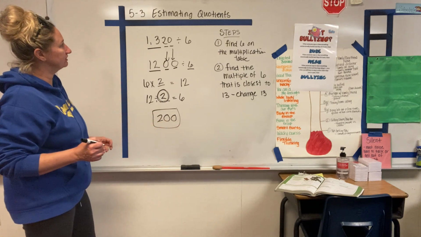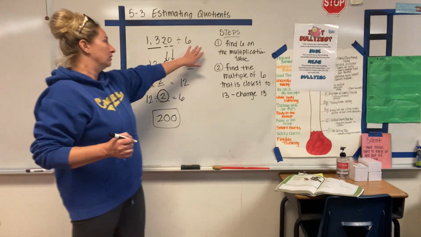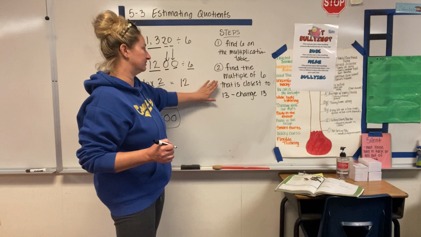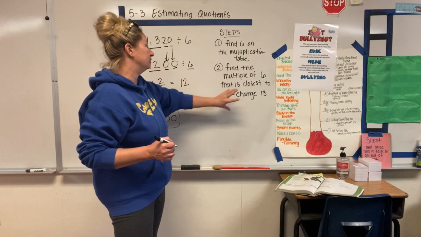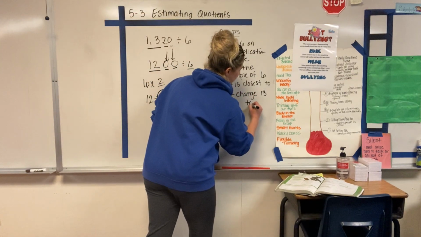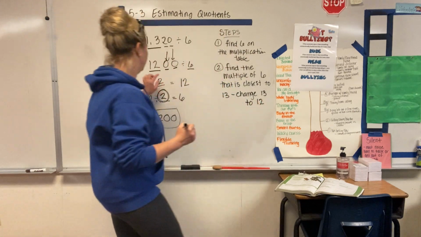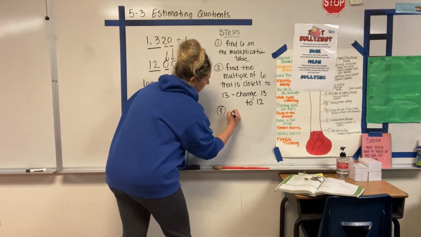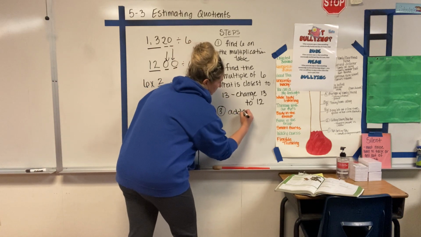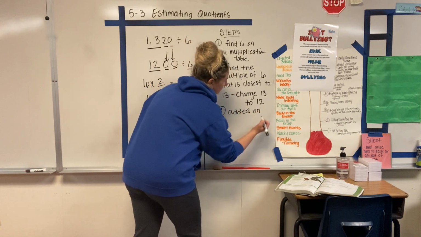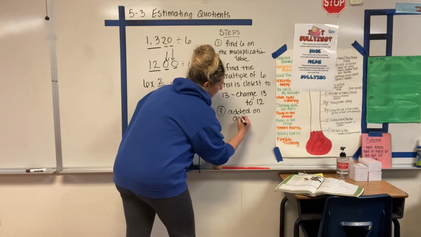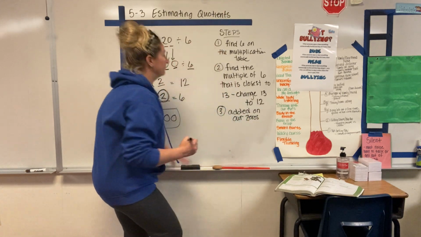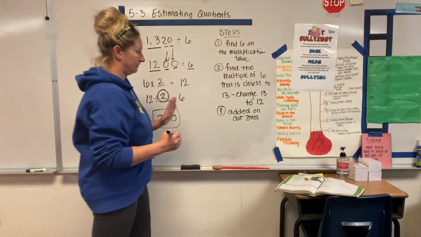So let's finish our steps. What did we do? We found 6 on the multiplication table. We found the multiple of 6 that's closest to 13. We changed 13 to 12. Then we added on our zeros for the remaining place values.